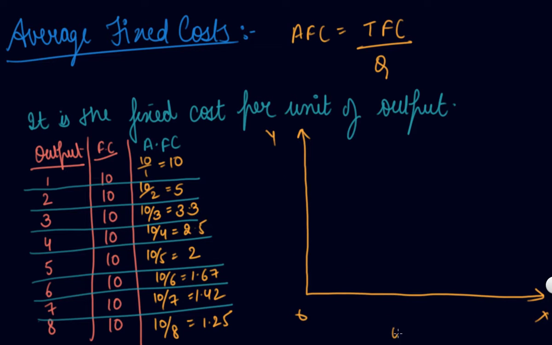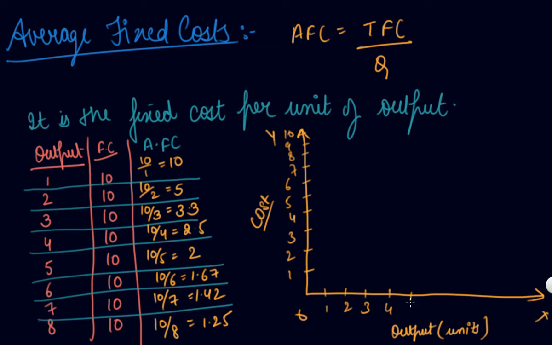On the x-axis you will take the output units. On the y-axis you will take your cost. Let's take the cost on the scale of 1, 2, 3, 4, 5, 6, 7, 8, 9 and 10. Let's take your output 1, 2, 3, 4, 5, 6, 7 and 8.